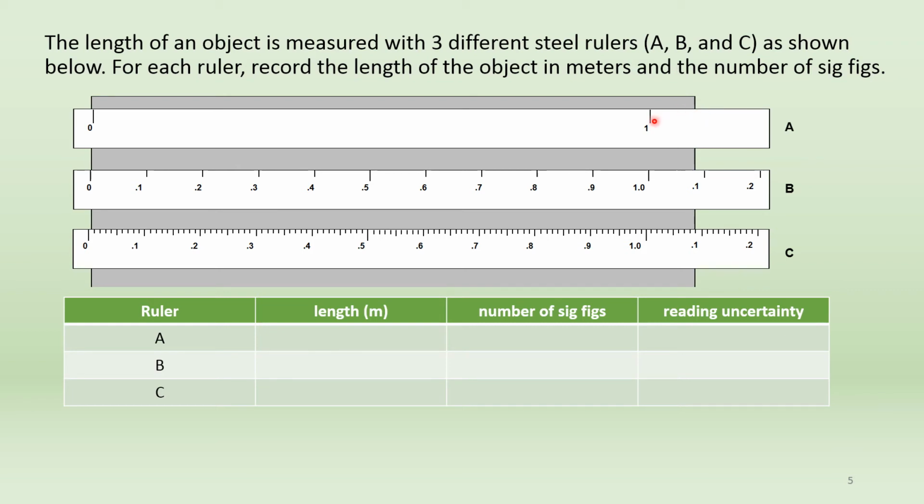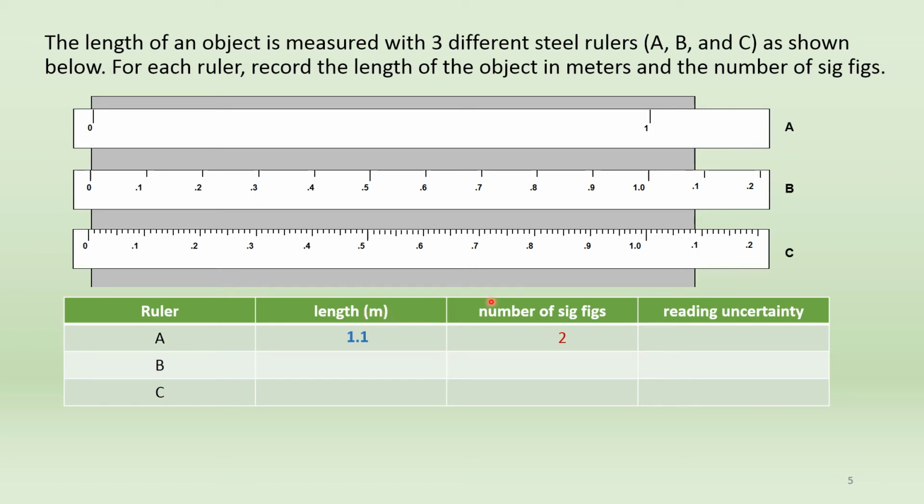So I'm going to estimate this about 1.1 meters, I'll say. I'm guessing that this distance beyond the 1 is perhaps 1/10 of the entire distance from here to here. It's my best estimate. Number of sig figs in this reading, I hope you recognize that's 2. We know the 1 meter for sure, and the decimal 1 is our first estimate, but it's significant.